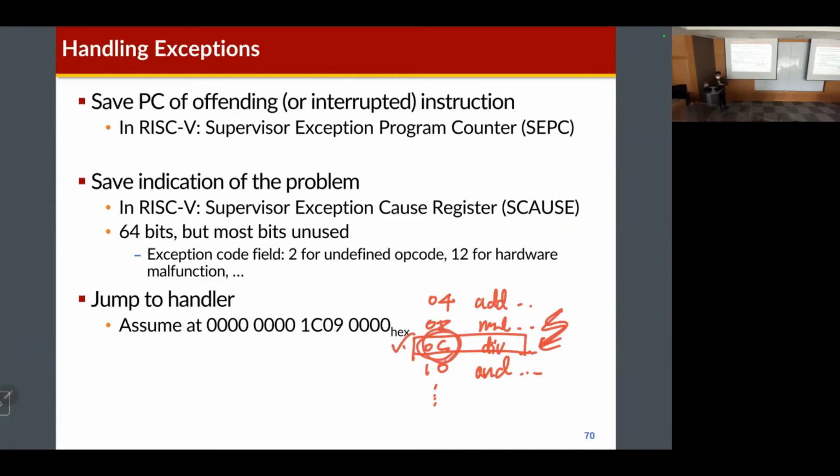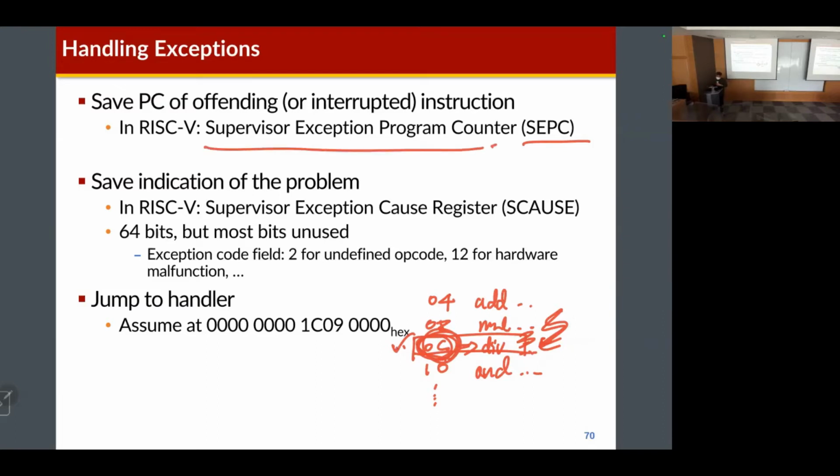It's the program counter. So the processor needs to return the program counter of the instruction that causes the exception. Okay. So we need to store the SEPC, the supervisor exception program counter. The program counter of the instruction that causes the exception is stored in the SEPC.